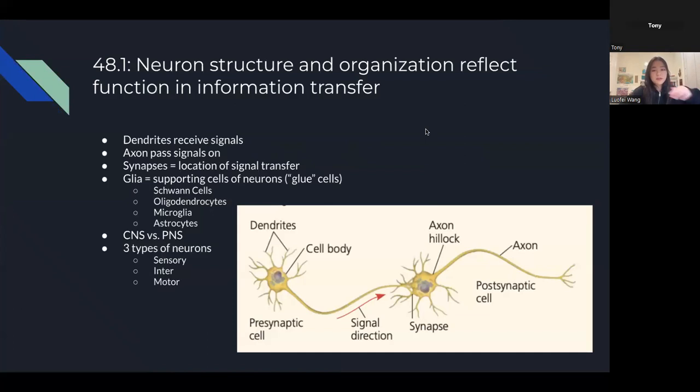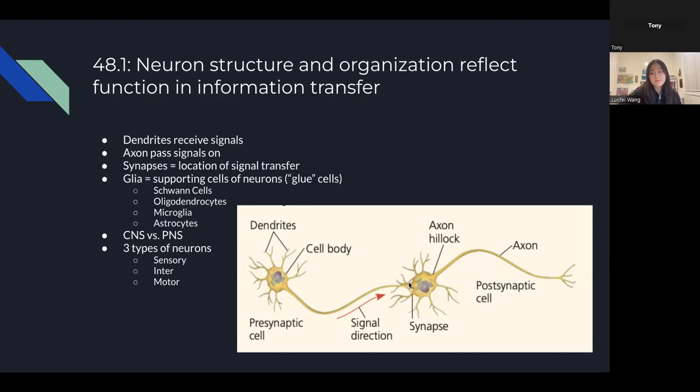So this is the basic structure of a neuron. Neurons have a cell body, a really long axon, and a bunch of dendrites. The dendrites are where neurons receive their signals, and axons pass the signal on to the next neuron.